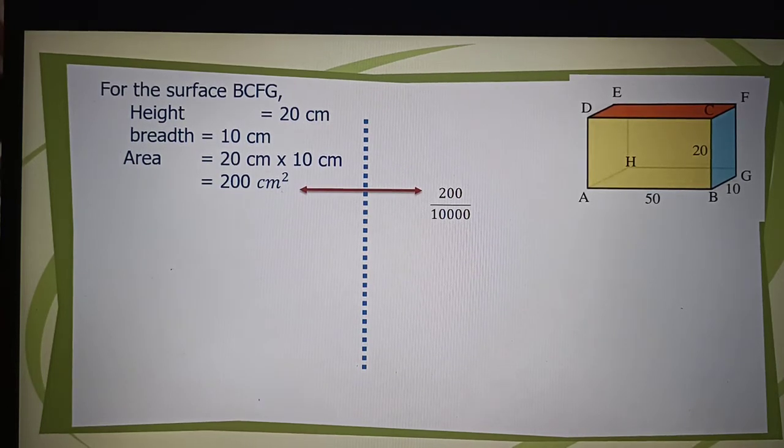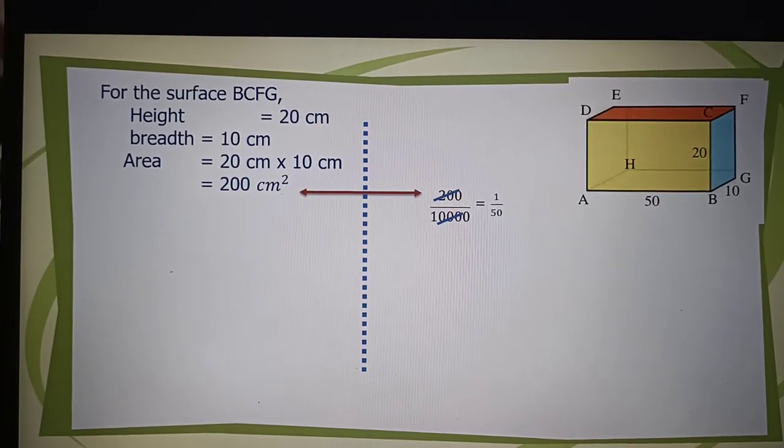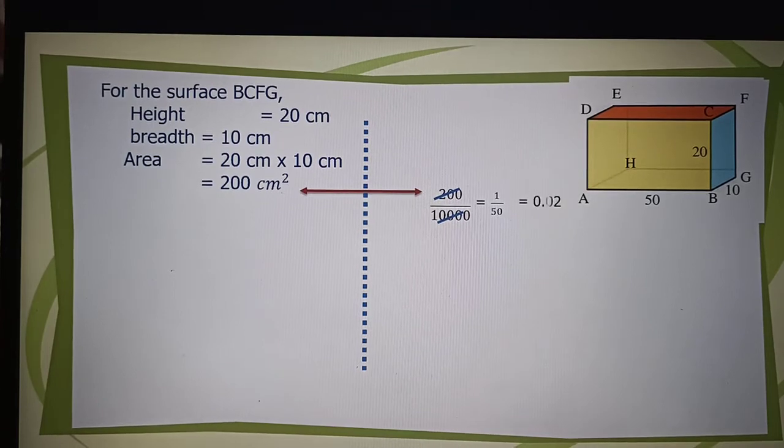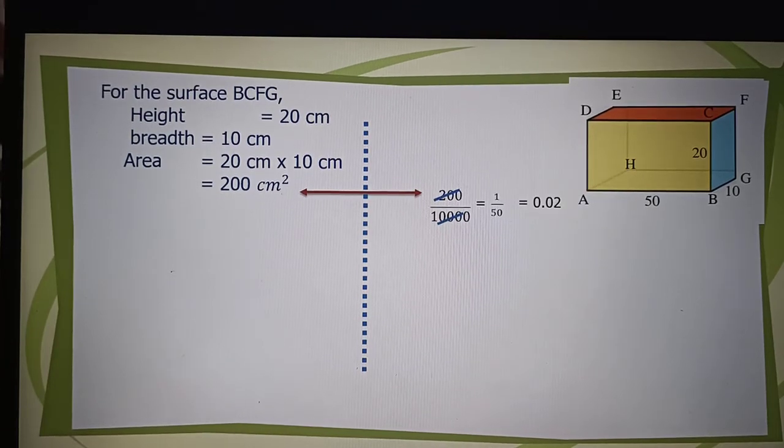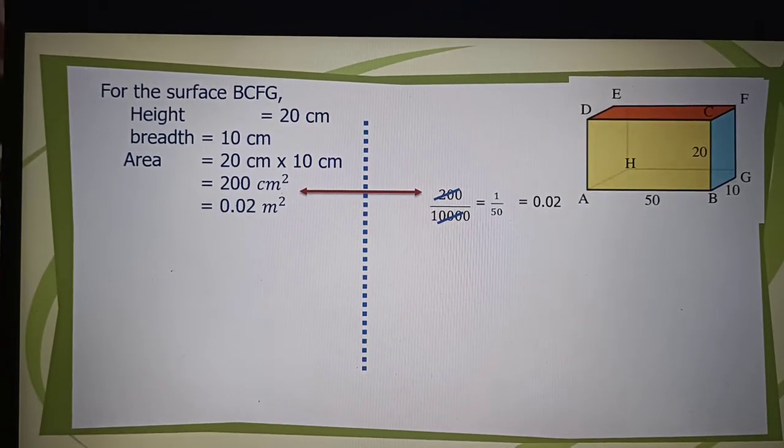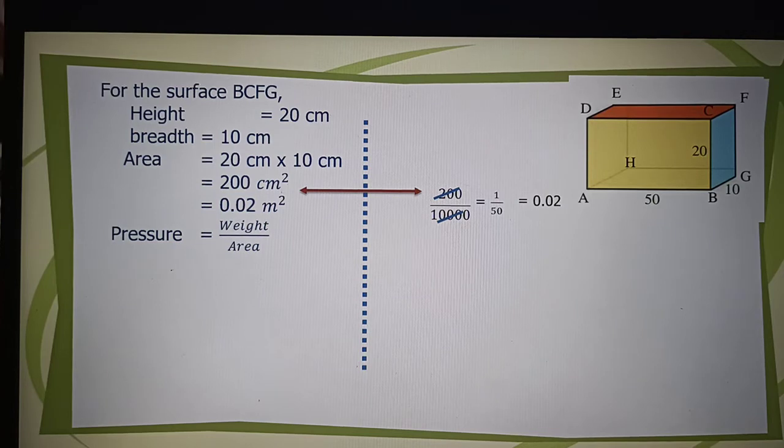So 200 upon 10,000. So how many times 200 in 10,000? That is 50 times. So 1 upon 50. So when we are dividing 1 upon 50, we got the answer 0.02. So finally the answer is 0.02 meter square.